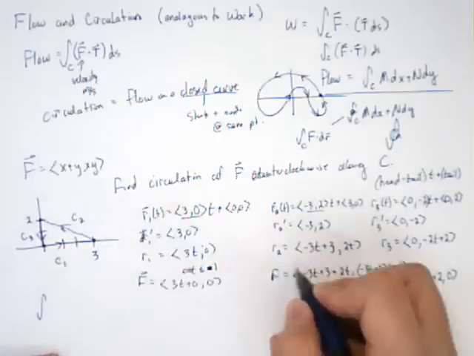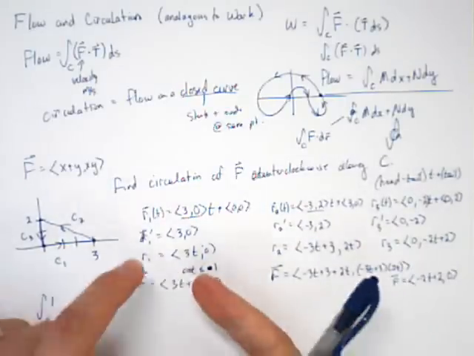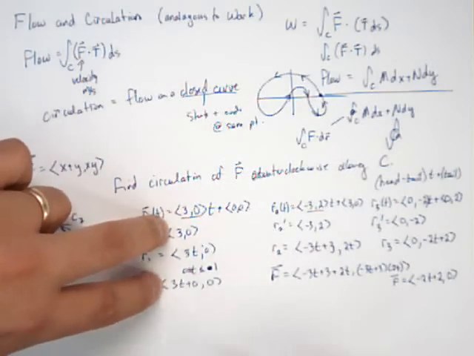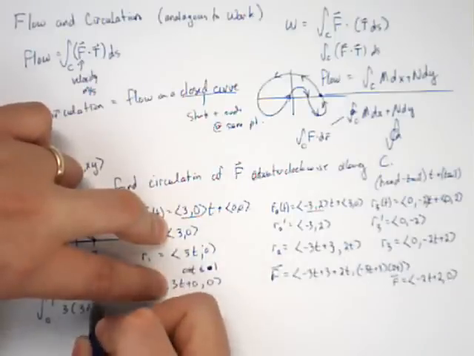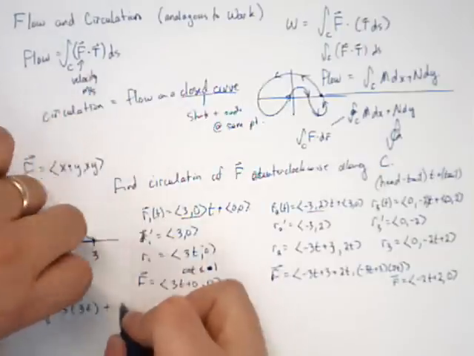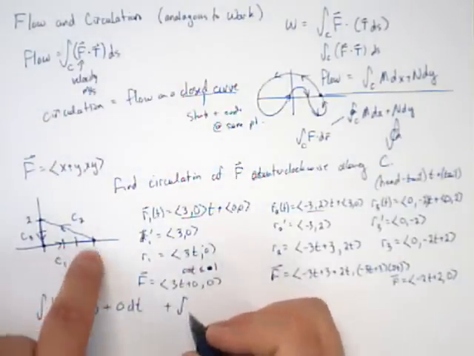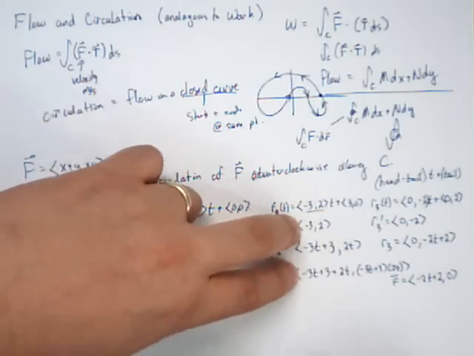We are now ready. We've got our F vector on each of the curves, so we can now set them up. On the first curve, we have to dot r prime and F. So if we dot these two, we get 3 times (3t + 0). So that's our first integral. That takes care of the work on this one. Now our second one, we integrate from 0 to 1, and I've got to dot these again.